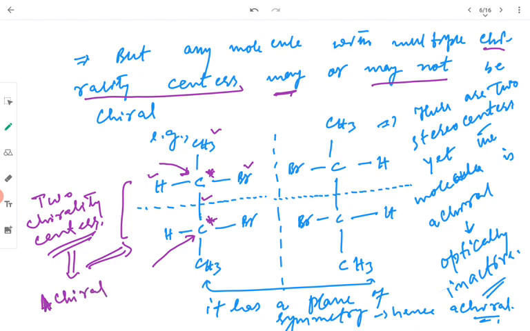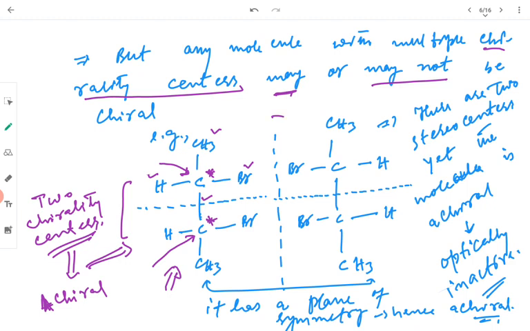I must mention here that chirality and achirality is a property of a whole molecule. It's not the property of a single center. So on a whole, despite having two chirality centers, this molecule is achiral.